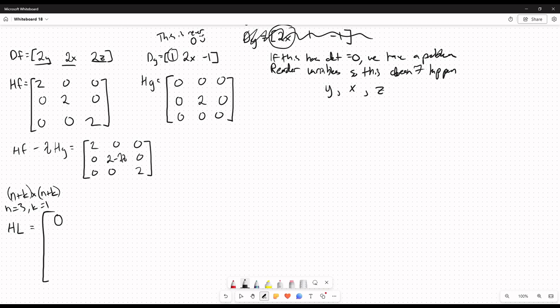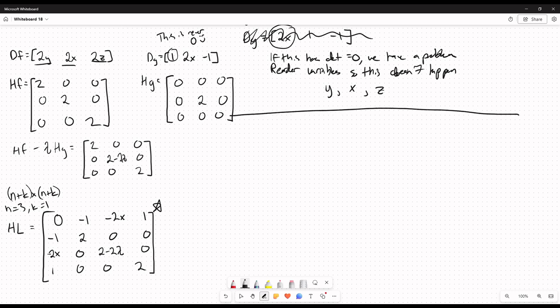So that's going to be negative 1, negative 2x, 1. We'll have the same thing going down in the transpose here. And then we're going to have this Hessian of f minus lambda times Hessian of g filling in here. So we'll have 2, 0, 0, 0, 2 minus 2 lambda, 0, 0, 0, 2. So we have that. That is going to be very important.